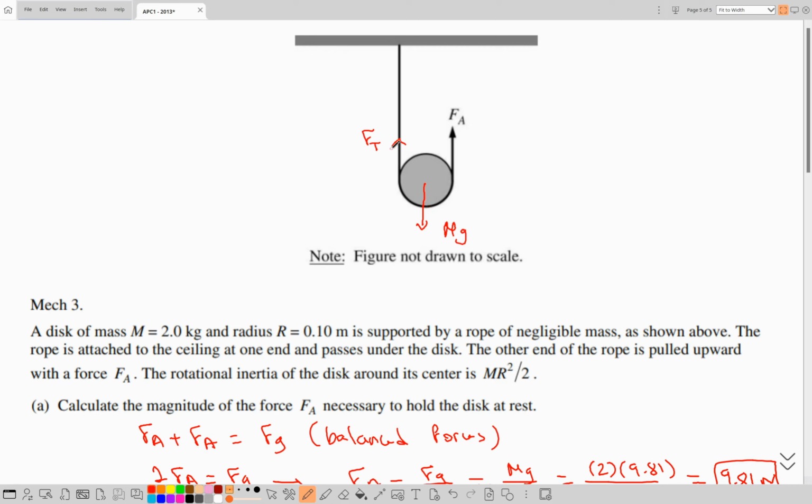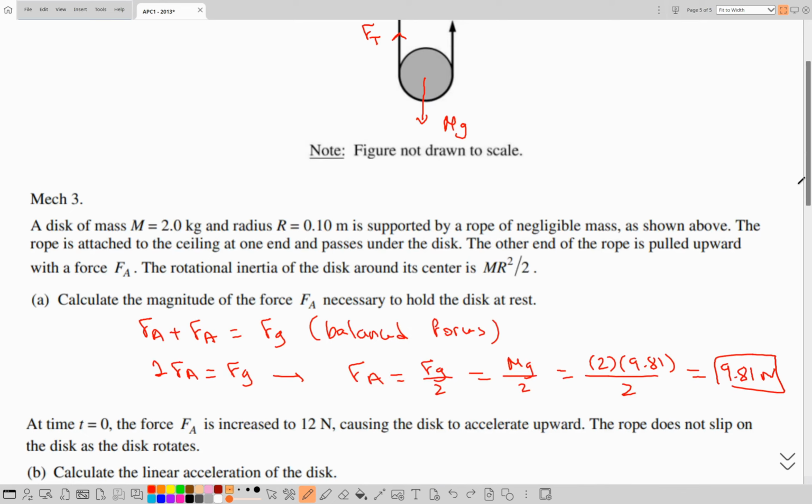Why have I represented the tension to be less in magnitude than Fa? Because of the inertia of the disc, there should be unbalanced torques in order to produce acceleration upward. For this reason, Fa would be greater than the tension.